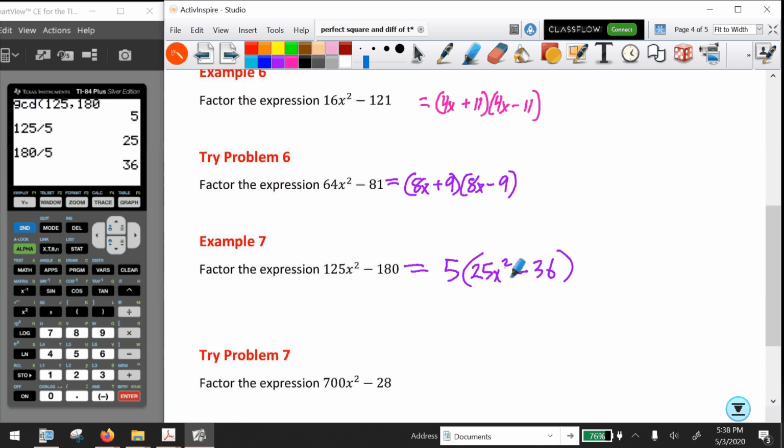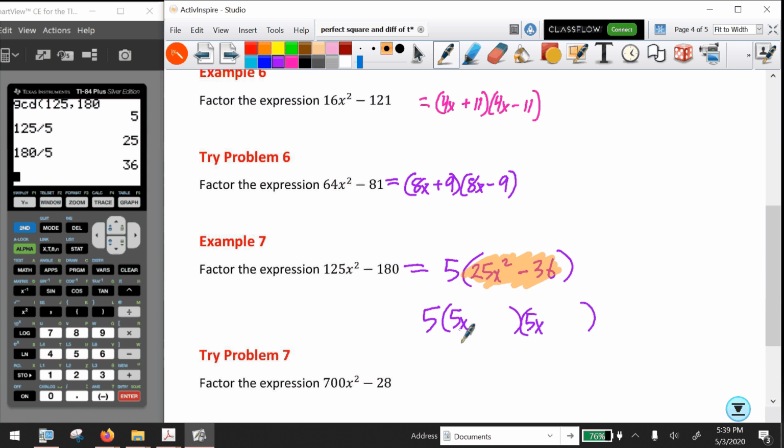Now, if you just look at the thing in here, this binomial is a difference of two squares because each term is a perfect square, and we're going to go ahead and factor that. So I'm going to still have my 5 there, and I'm just going to factor the thing that's highlighted in orange. 25x squared, the square root of that is 5x.